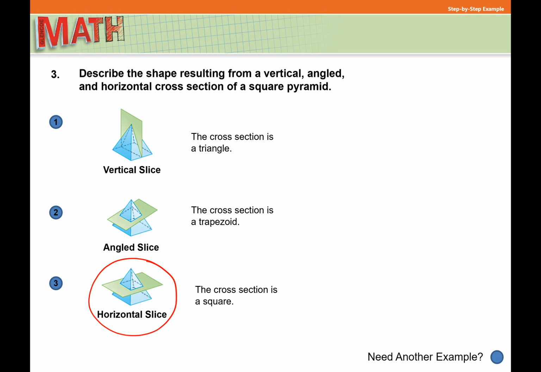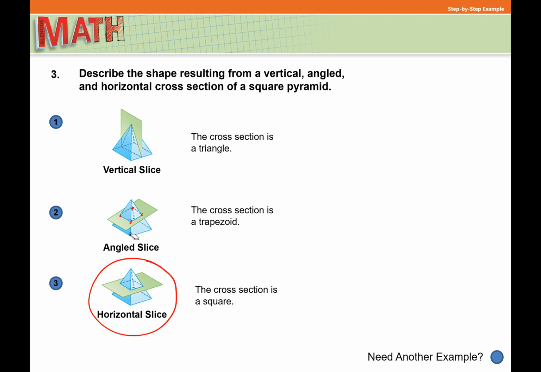Okay, now if you take an angled slice of this, what you got to realize is further up the pyramid, you've got two points here that are going to be closer together than these two points. These two points are further up the pyramid. The further up you go, the closer those two points are going to get.